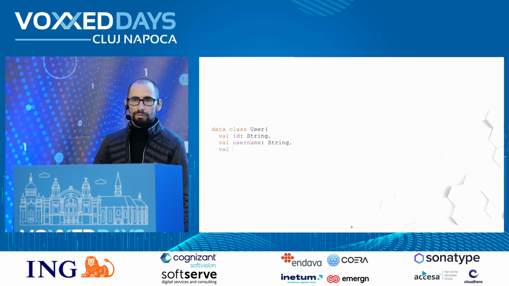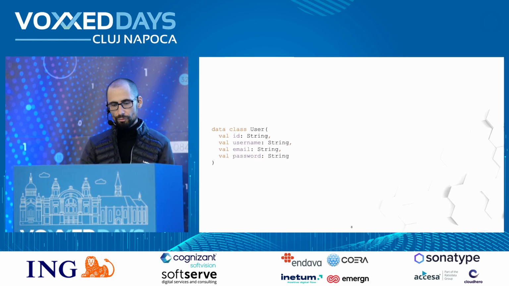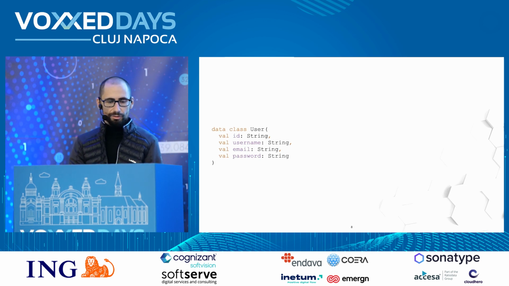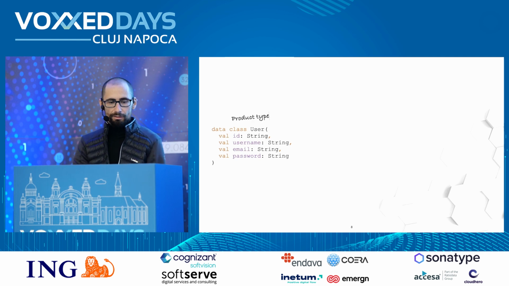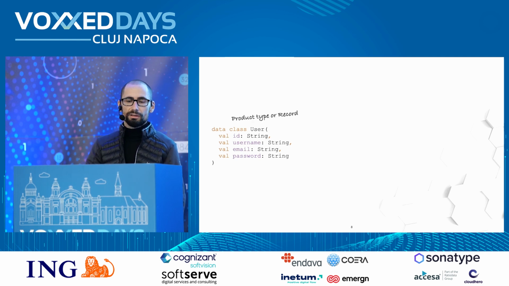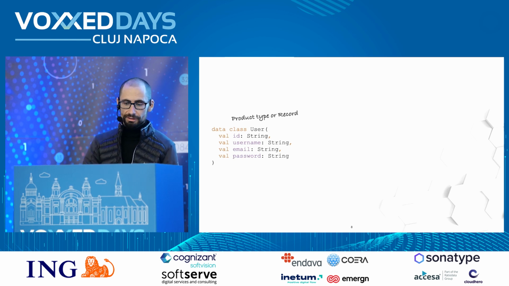So let's model our first domain type, which is a user. And as we see, the user is made from the username, email, and password, and also the ID, which is generated when we are inserting it. These are called product types or records. They're also present in Java in newer versions.